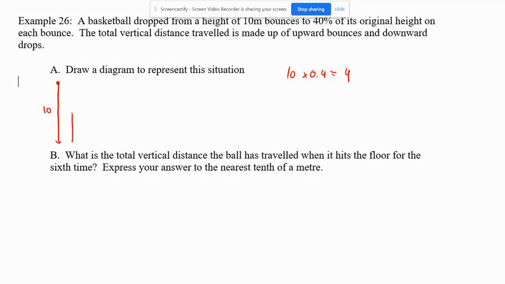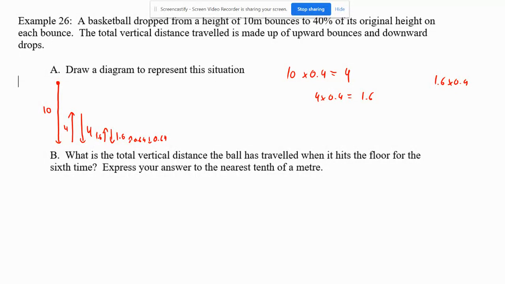That means it bounces up 4, and it's going to go down 4. And then 4 times 0.4 is 1.6. So that means it goes up 1.6 and then down 1.6. And if I go 1.6 times 0.4, you get 0.64. That means it goes up 0.64, down 0.64.